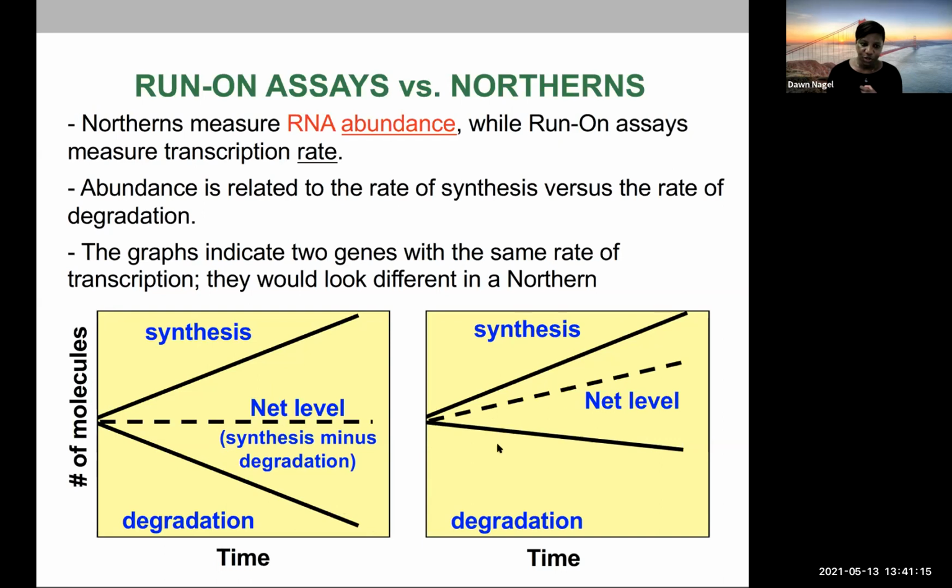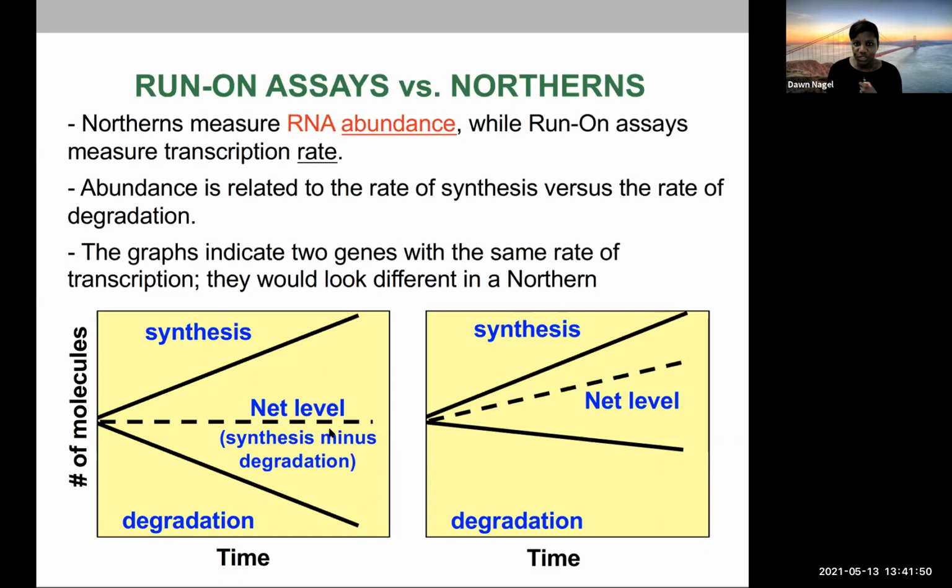If you were to do a northern blot, what you will see is that a northern blot gives you what is left, right? So this net level. If you do a northern blot, you will say, oh, this gene here probably has much more transcript being made because the net level is much higher. Okay, so maybe you say this has much higher because you see this band, this net level is going up, right? Compared to this one, which is straight.